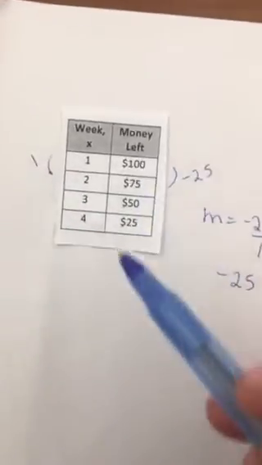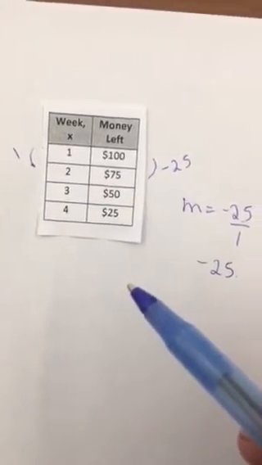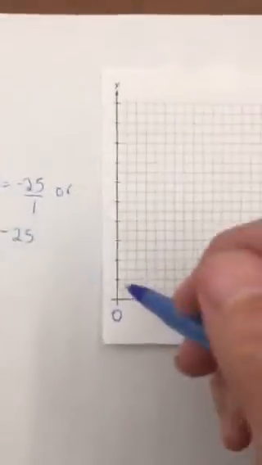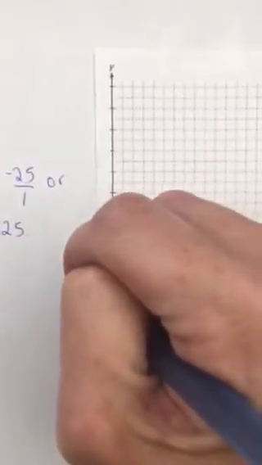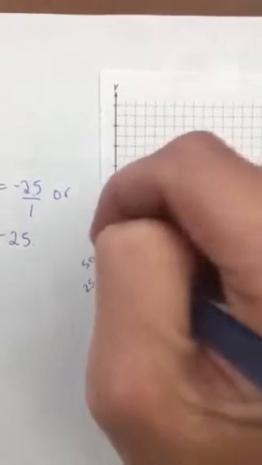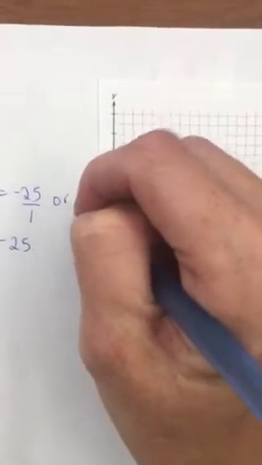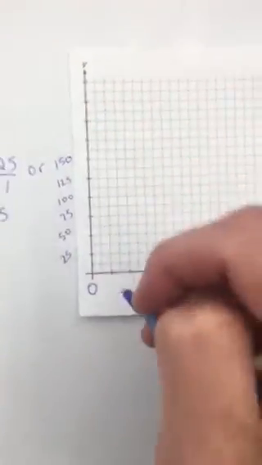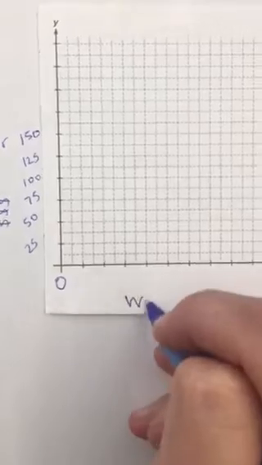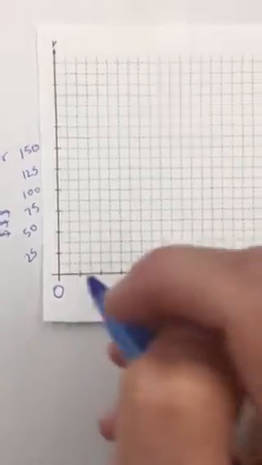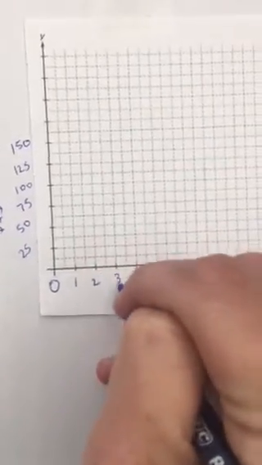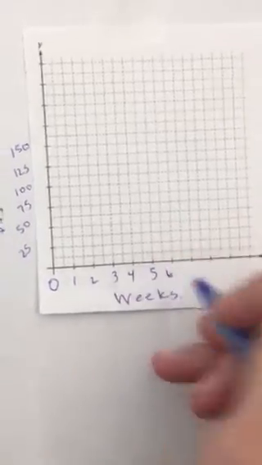Because my money seems to be in $25 intervals, I'm going to go up by 25s: 25, 50, 75, 100, 125, and 150. Let's write down dollars on the side. Down here I'm going to call this weeks, and we have week 1, week 2, week 3, week 4, week 5, and week 6.